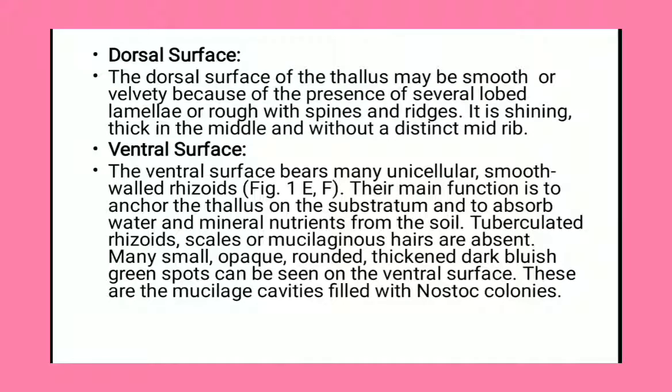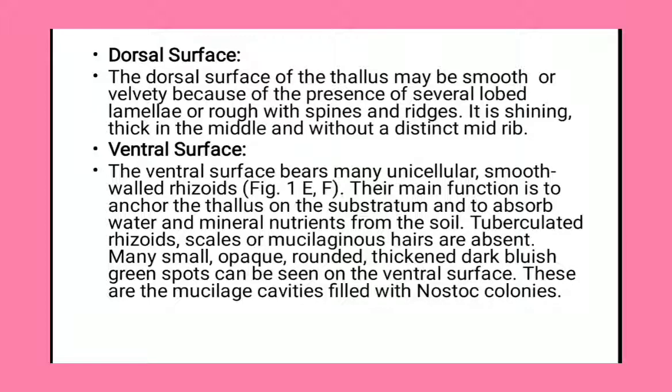The dorsal surface of the thallus may be smooth and velvety because of the presence of several lobed lamellae, or rough with spines and ridges, and it is shining, thick in the middle and without a distinct midrib.